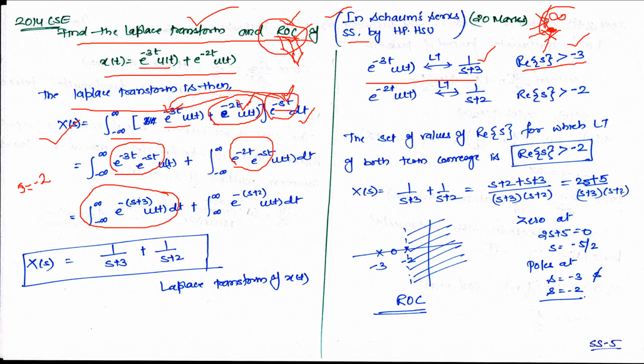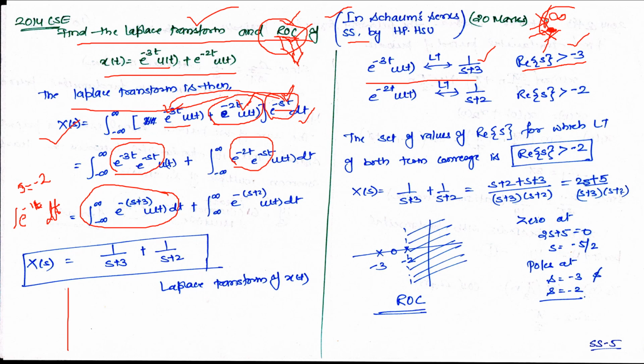So if you substitute it here, what will happen? This exponential will turn to e power minus 1t dt.